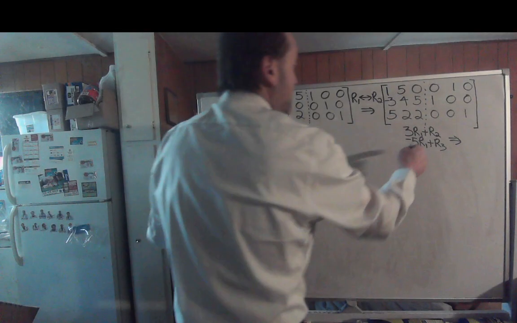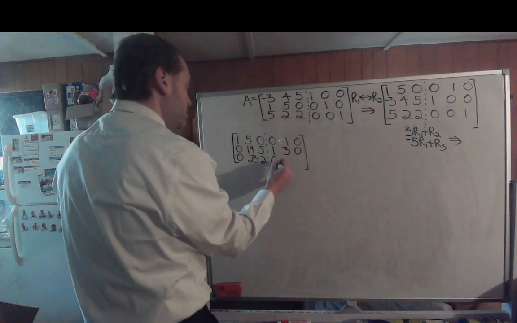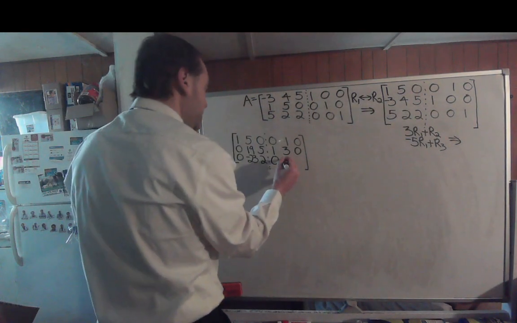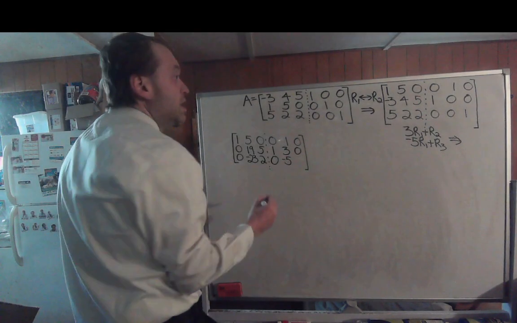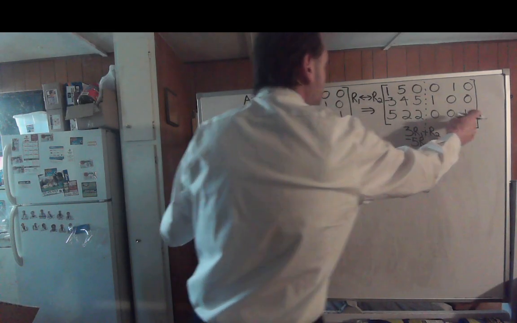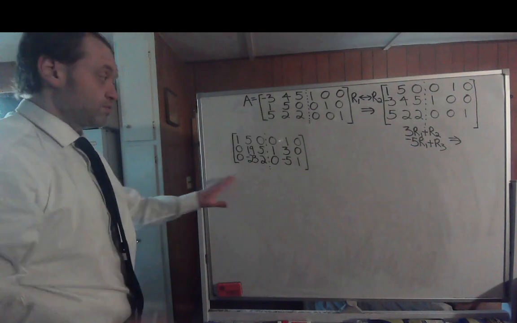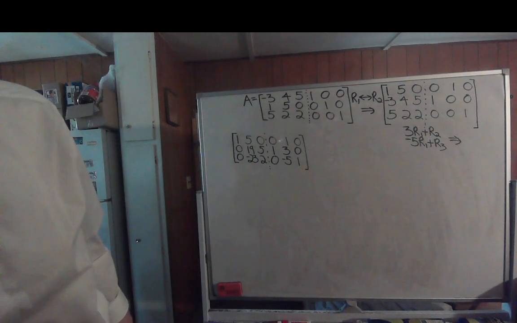Alright, negative 5 times 0 is 0, plus 0 is still 0. Negative 5 times 1 is negative 5 plus 0, that's negative 5. And then negative 5 times 0 is 0 plus 1 is 1. So there's your new second and third rows to start with.